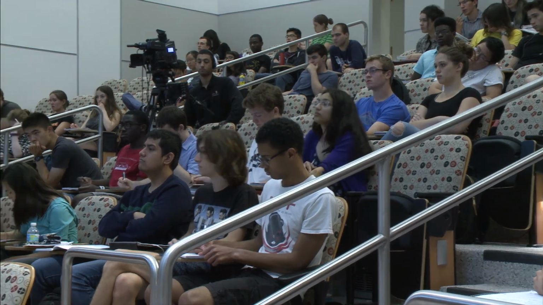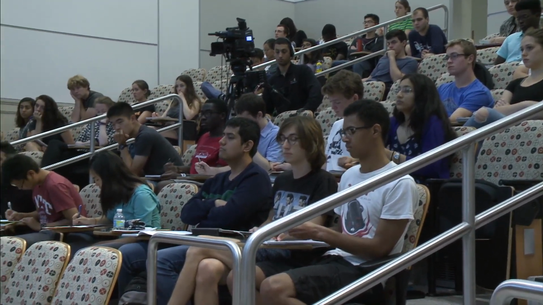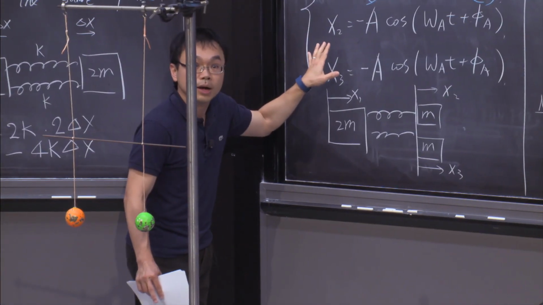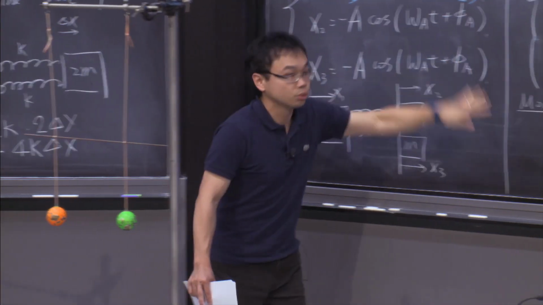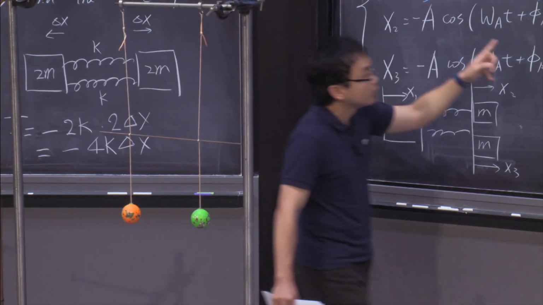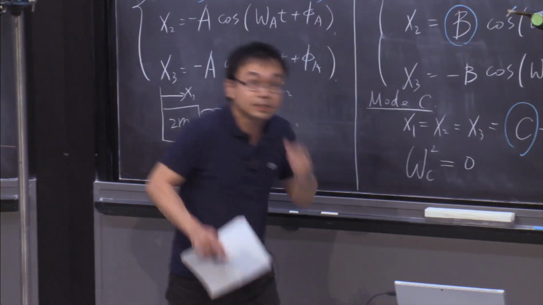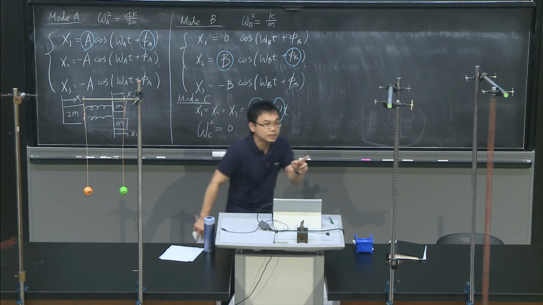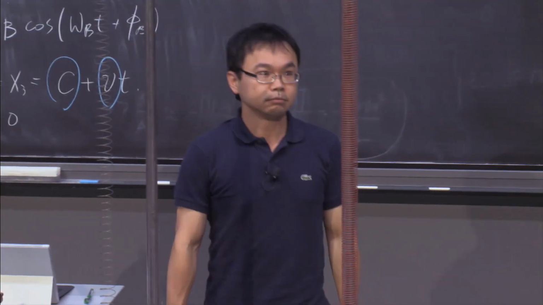Yes? 6, right? So look at what we have done. We identified already 1, 2, 3 normal modes, right? And there are 1, 2, 3, 4, 5, 6 free parameters. That tells me I'm done.